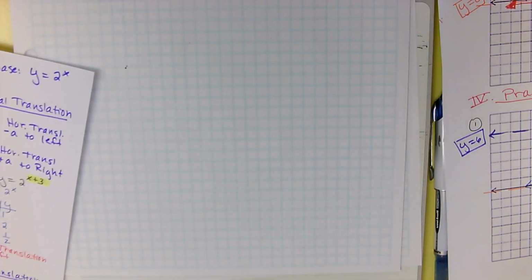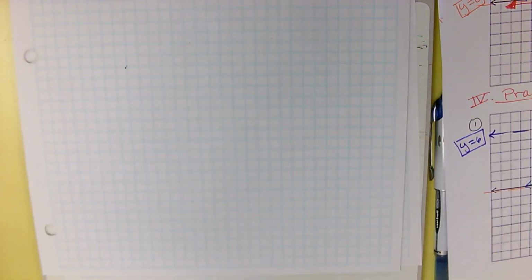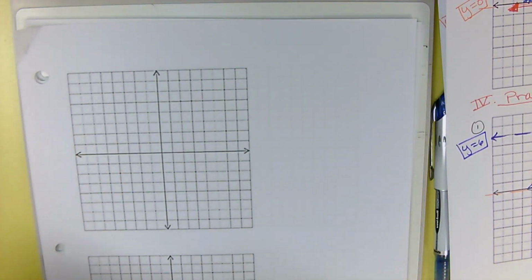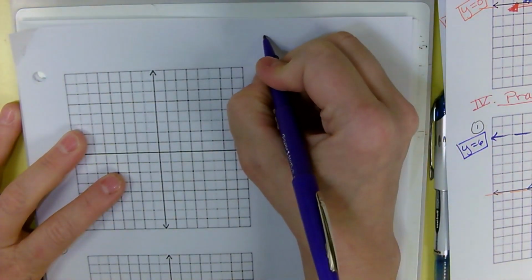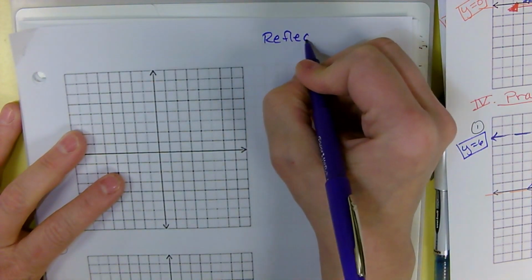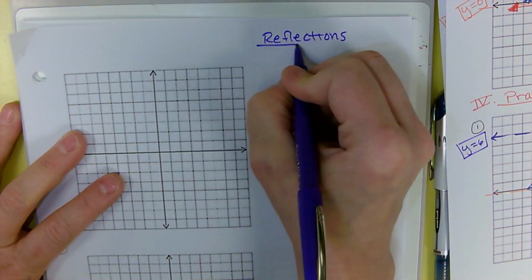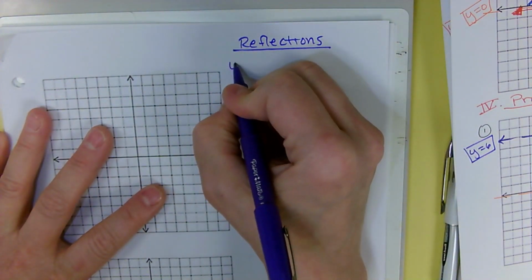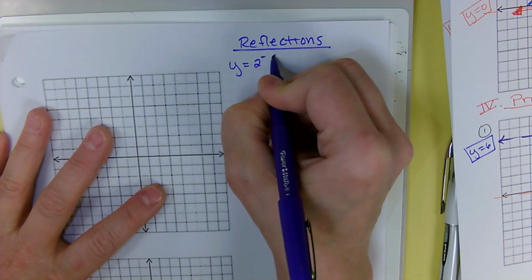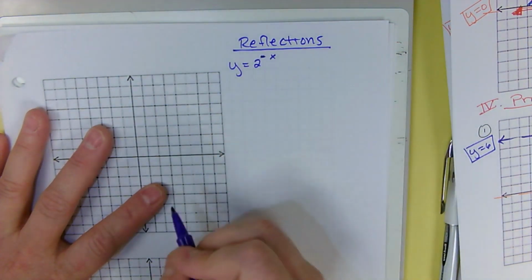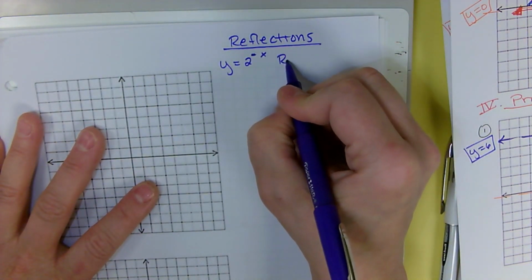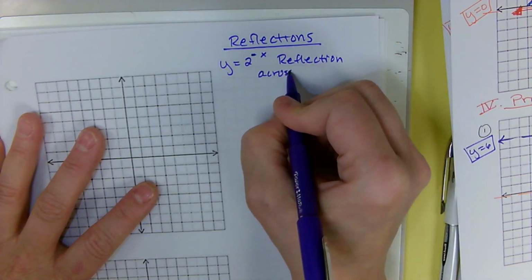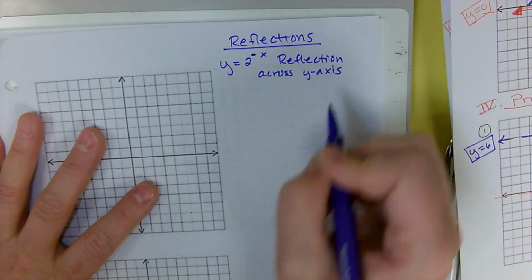Okay, so the last one we're going to learn today, there are 2 more. Last one we're going to learn today, though, is reflections. So for a reflection, if y equals 2 to the power of negative x, so if the x has a negative on it, that is a reflection across the y-axis.